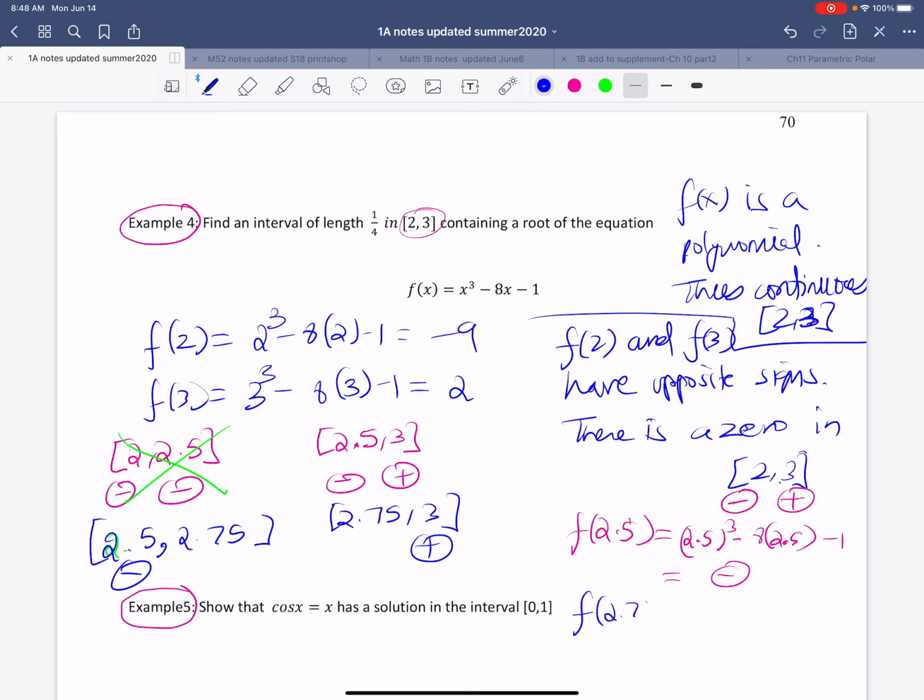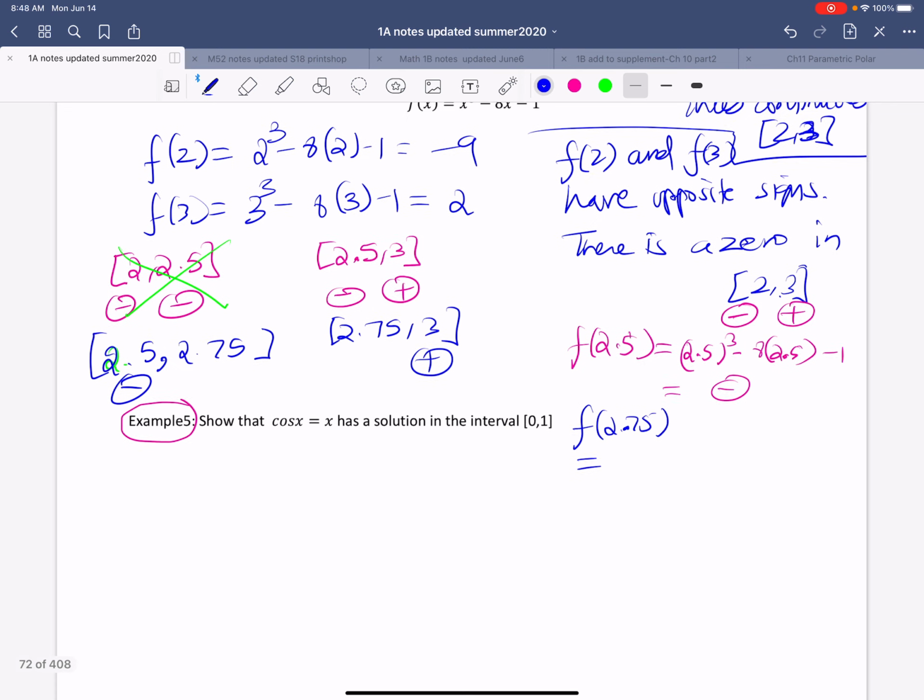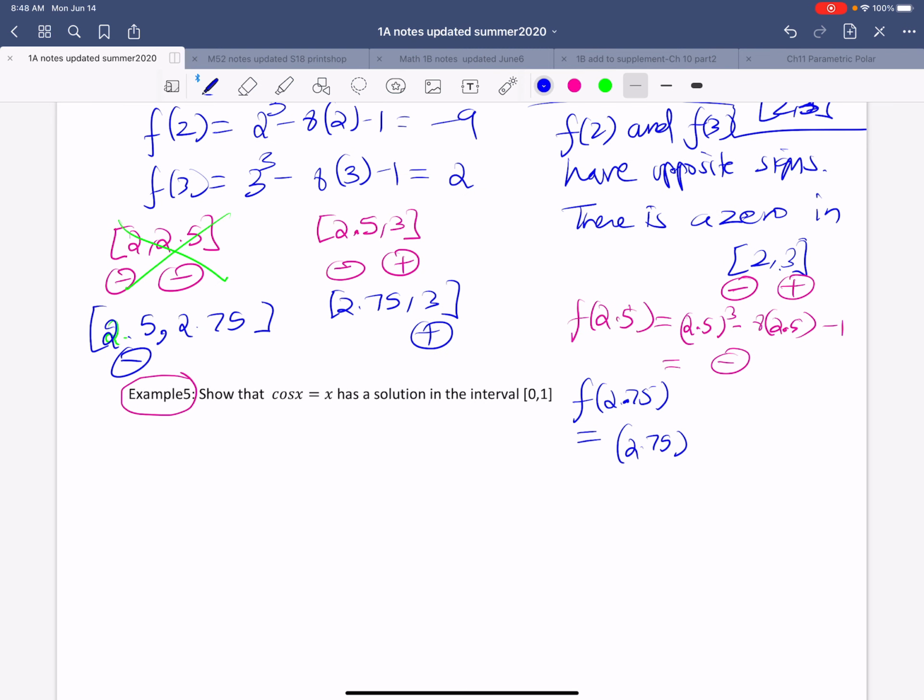Let's plug in 2.75 for x: 2.75 to the third power minus 8 times 2.75 minus 1. That gives me a negative number. I don't care what value it is, I just see that it's negative. So that means my 0 does not lie in the interval 2.5 to 2.75. It's going to be in the interval 2.75 to 3.